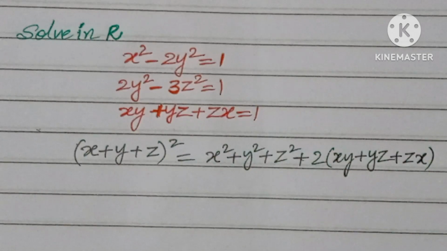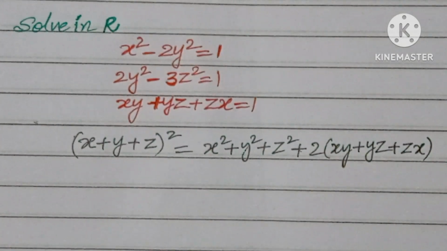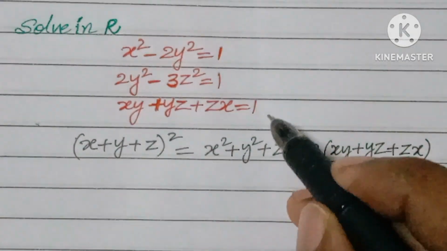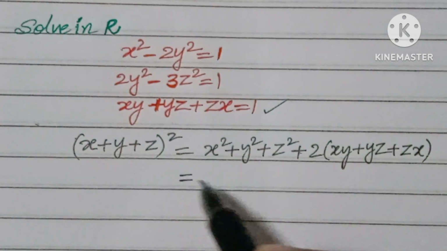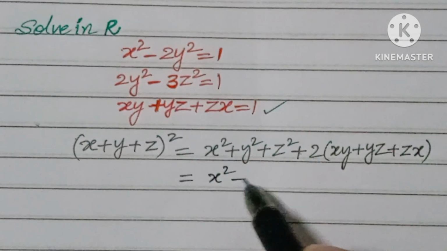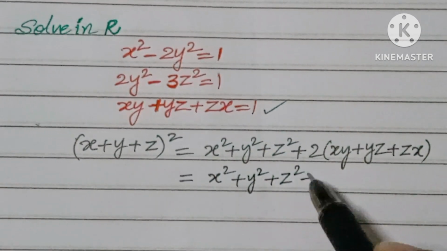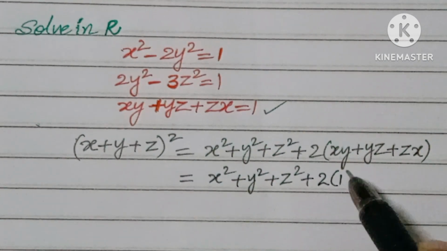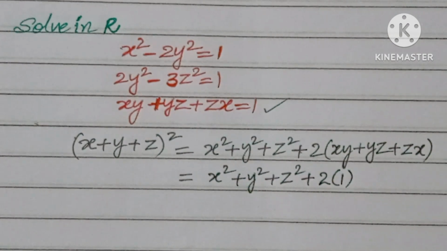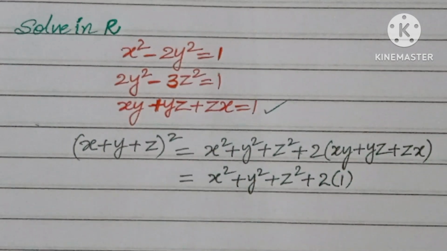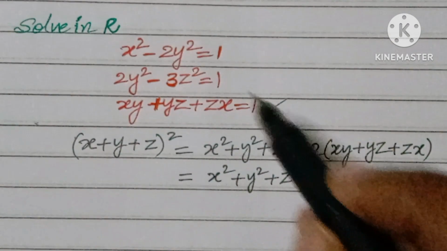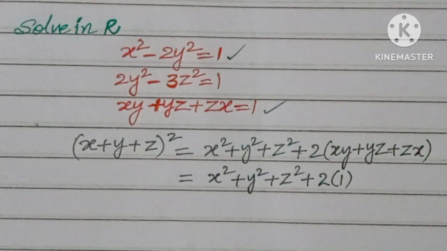You already know the value of xy plus yz plus zx, it is given 1. So this will become x square plus y square plus z square plus 2 into 1. Now in the place of this 1 we are going to replace the first equation.